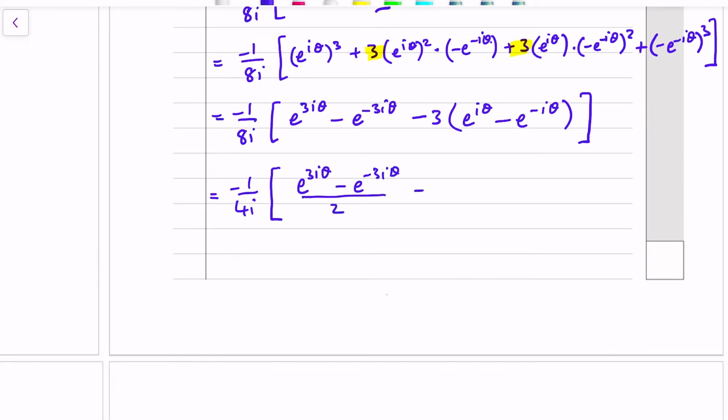And then this last one here is minus 3. I don't really need brackets there. What you should be able to notice, hopefully, is that first term in the brackets is sine of 3 theta, and the last term in the brackets is sine of theta.